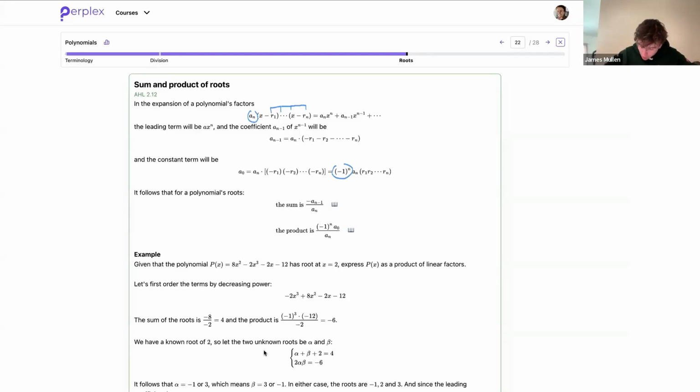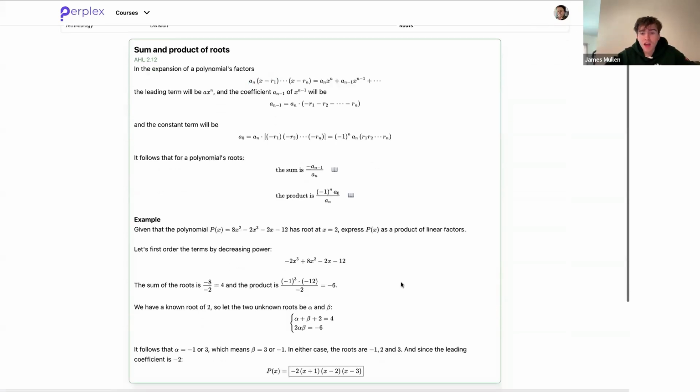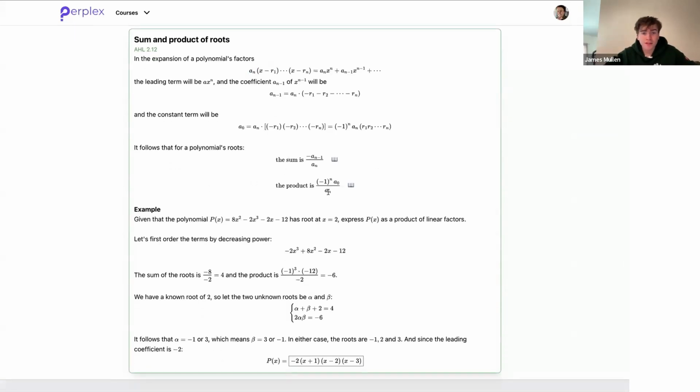And if I isolate this product of roots, I'm going to get a_0, the coefficient of the constant term, divided by a_n, the coefficient of the leading term, times minus 1 to the power of n. Okay, now you don't really need to know how I derive those formulas. I included it there just in case it was helpful for your intuition. All you need to know is how to apply these formulas, and they're in your booklet.